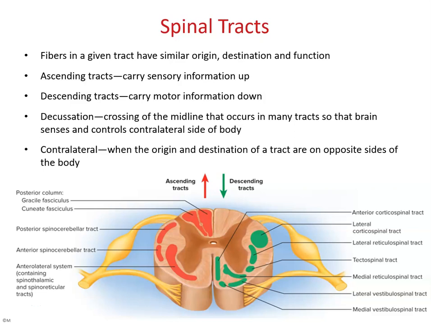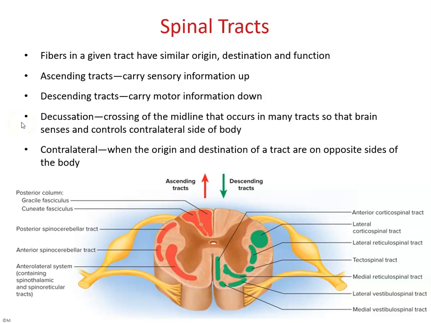So I just mentioned spinal tracts. Here's a bit more information about that. The fibers in a tract all have a similar place of origin, a similar destination, and a similar function. And so they work together. The ascending tracts, not surprisingly, carry information to the brain, and the descending tracts carry information from the brain to the rest of the body.